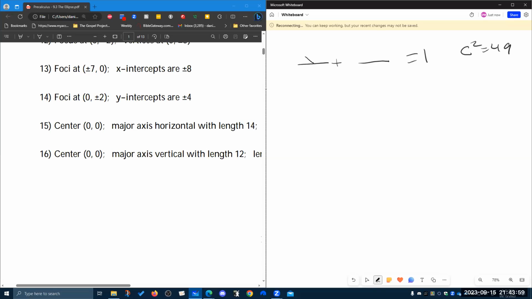Let's assume this is at (0, 0) for right now, like everything else in this section. And that means that this is 64. And that makes this 15.